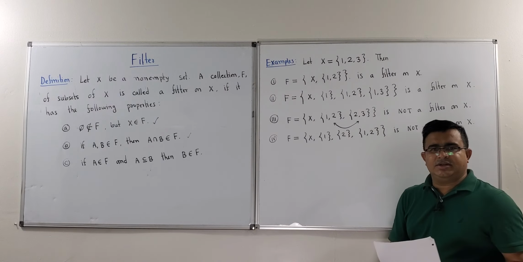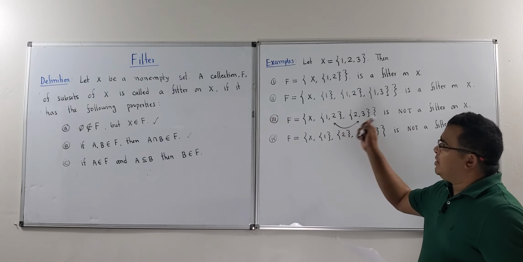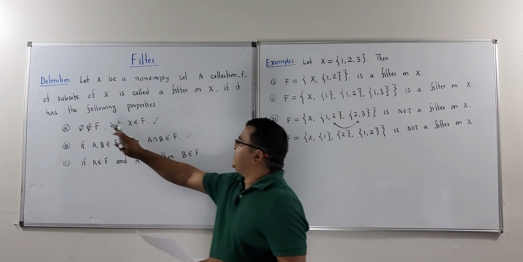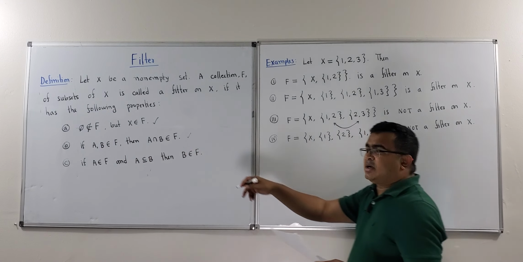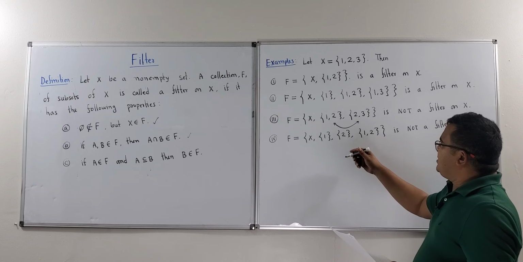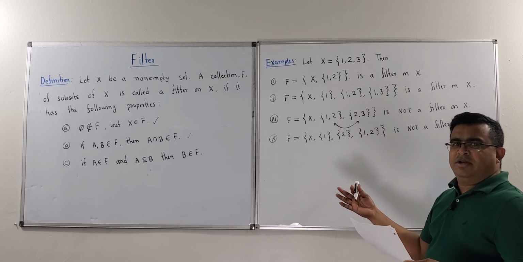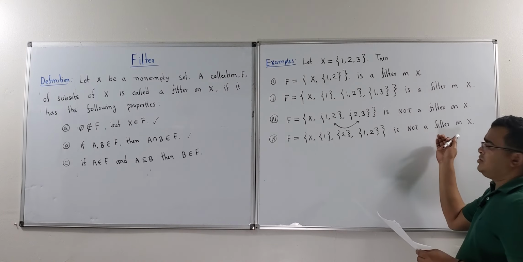The intersection is the empty set, right? But by the definition of a filter, the empty set should not be in that collection. So the intersection is the empty set and the empty set is not here, so it cannot be a filter.